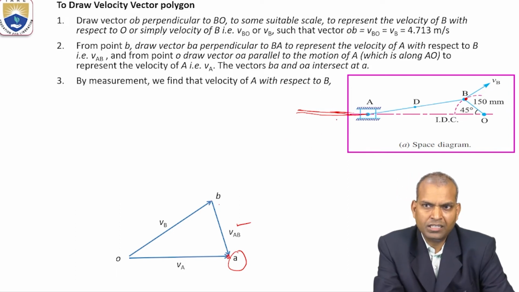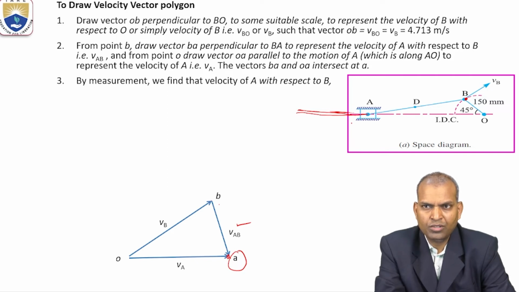Now, how many links are there in this slider crank mechanism? Fixed link O, OB is the crank, AB is the connecting rod, and A is the slider. For OB, both magnitude and direction values are given. So what are the unknown values?